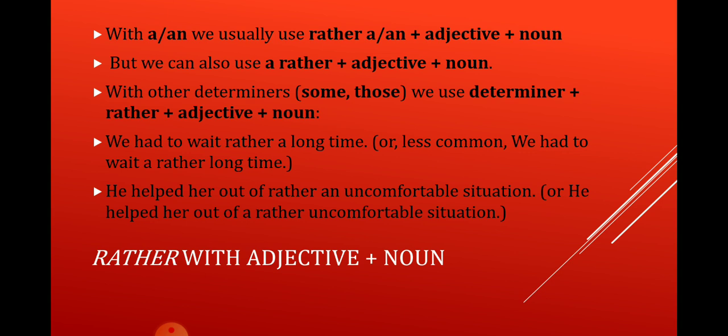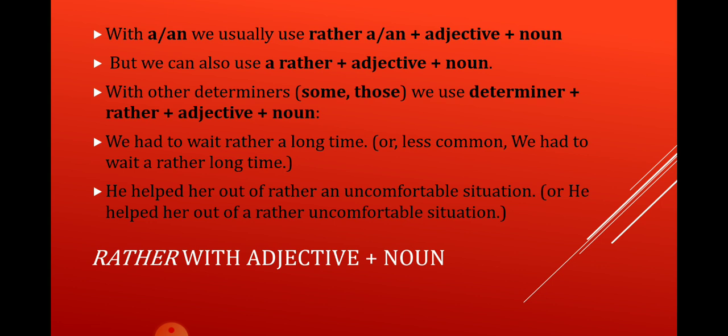With the indefinite articles a or an, we usually use rather plus a or an, plus adjective plus noun. But also we can use the indefinite article before rather, followed by an adjective, then the noun. In addition to that, we also could use rather after some determiners.